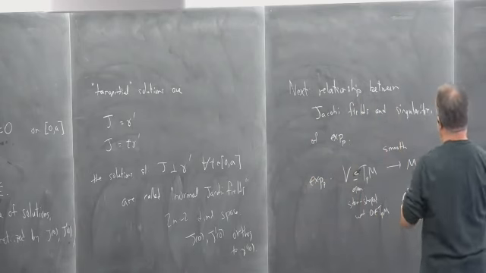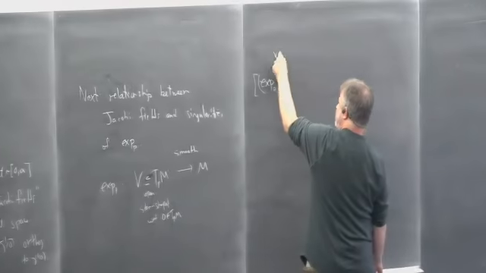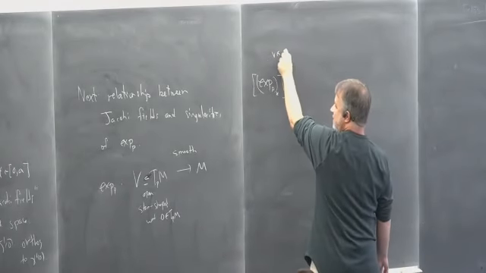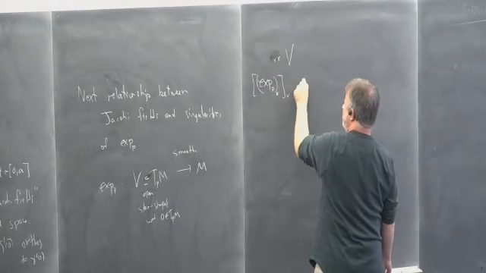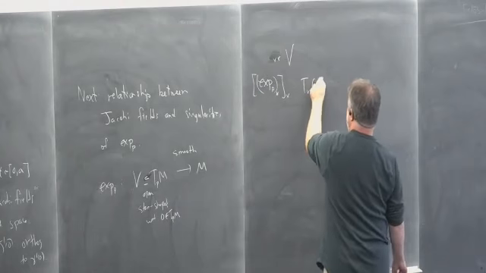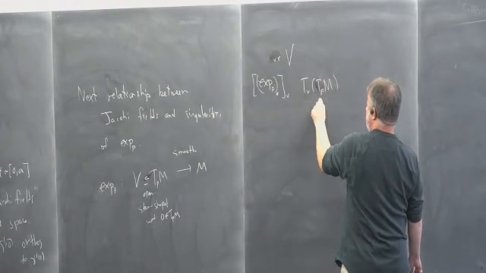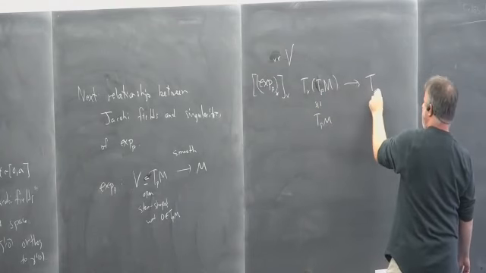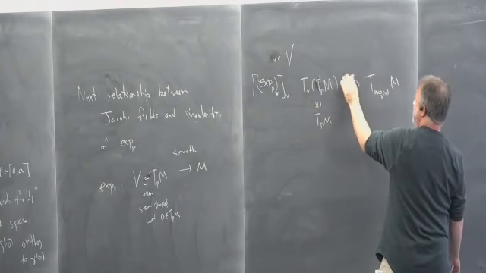And therefore the push forward, if v is a point in the open set V, then the push forward at v will go from T_v(T_pM), which is canonically T_pM, to T_{exp_p(v)}M. And this is linear.